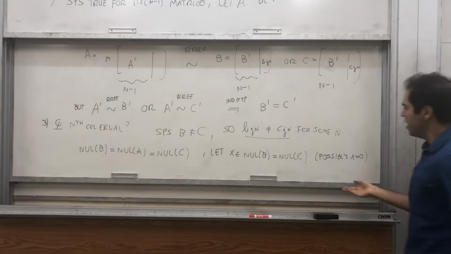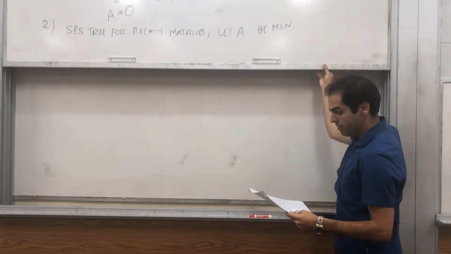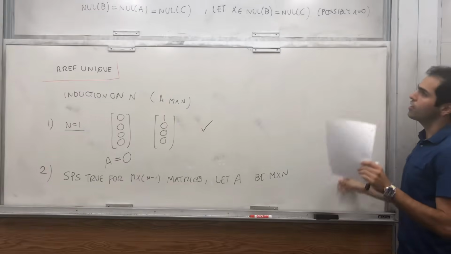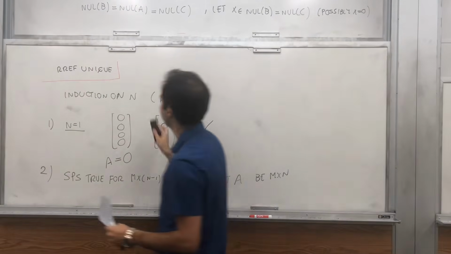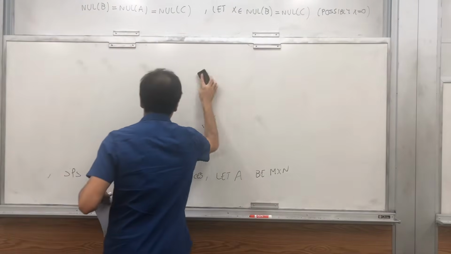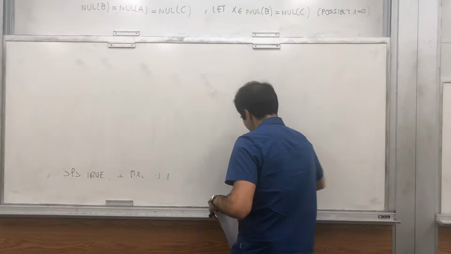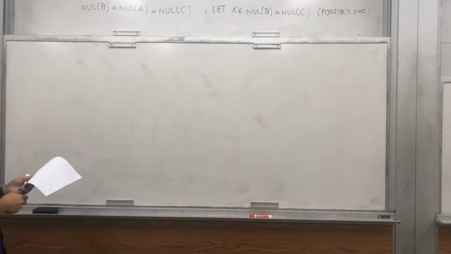Then, let's see what happens, and we'll find some kind of contradiction here. No, not quite. We will show something interesting. We'll show that if X is in the null space, its last coordinate has to be 0. Interestingly, which is not quite obvious. Maybe it is for you.